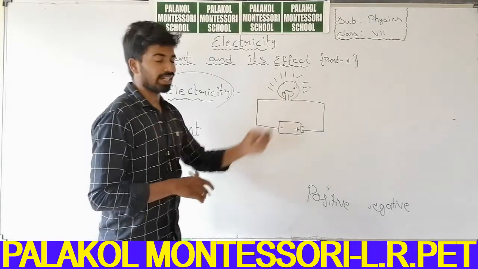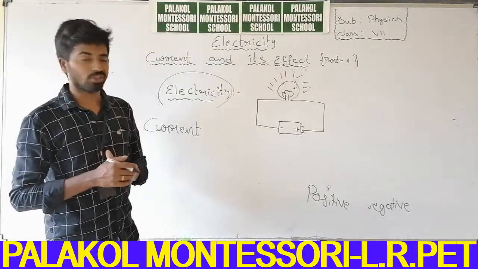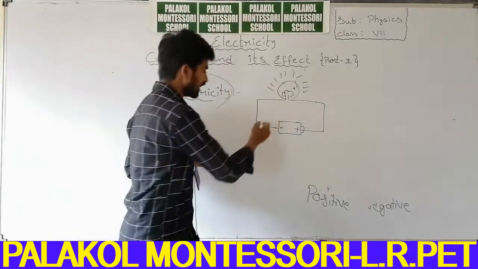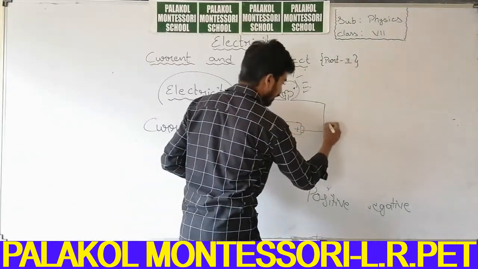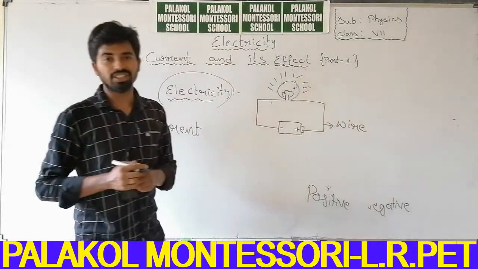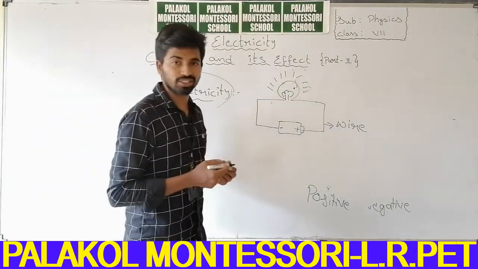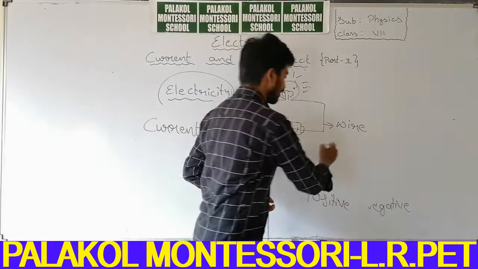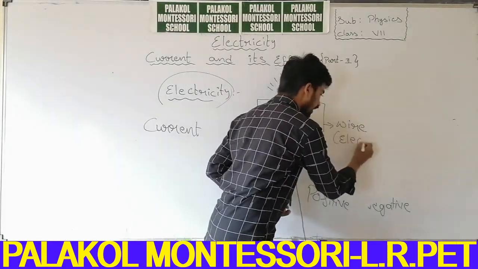So what is the reason behind this light? Some current is flowing. You are using some wire here. Every substance consists of electrons, so this wire also consists of electrons.